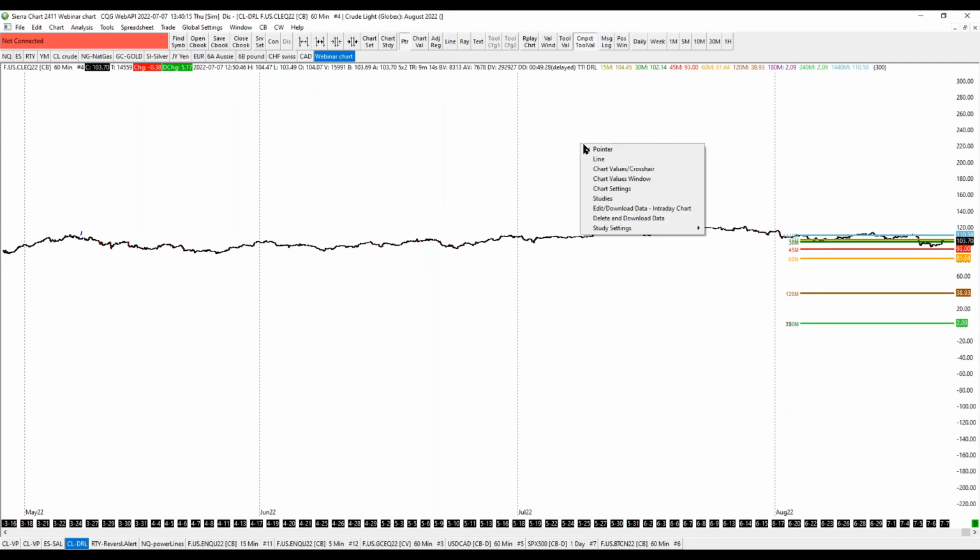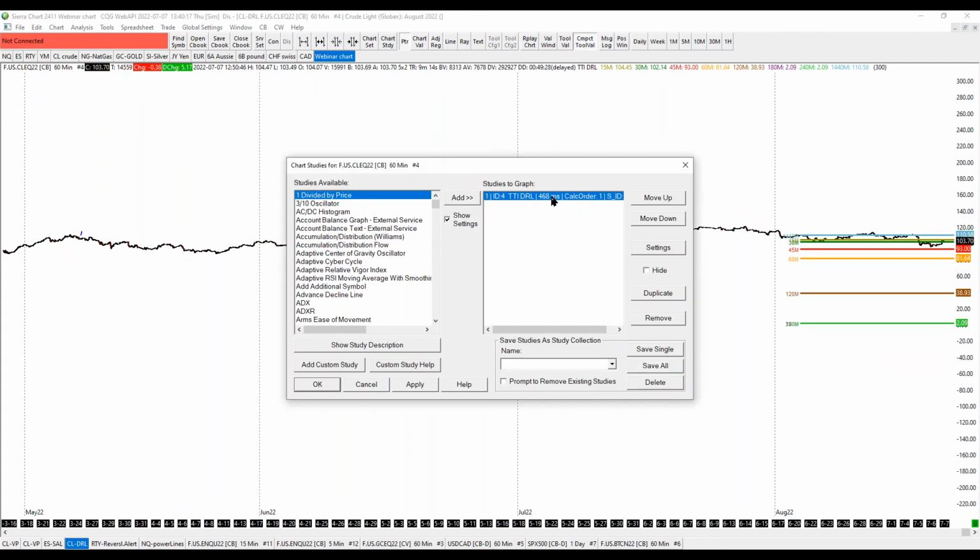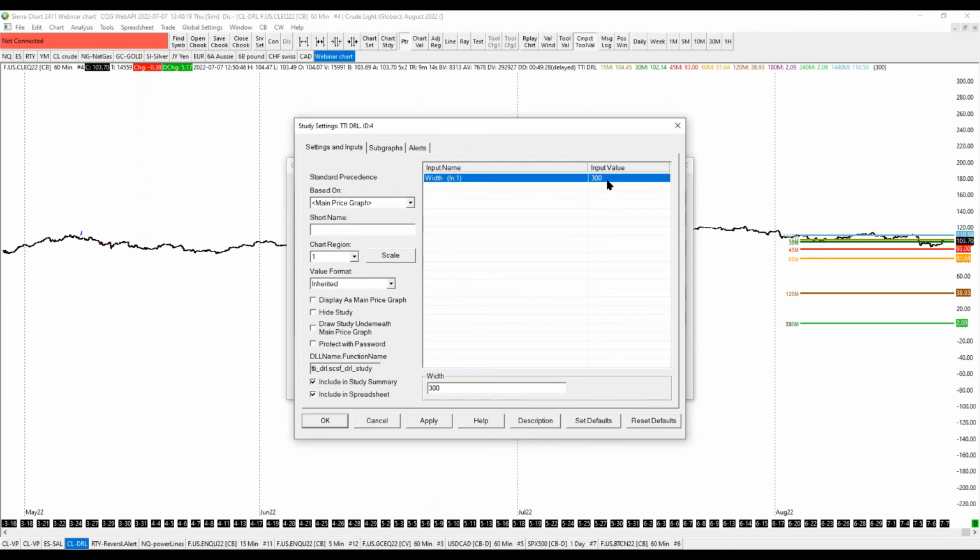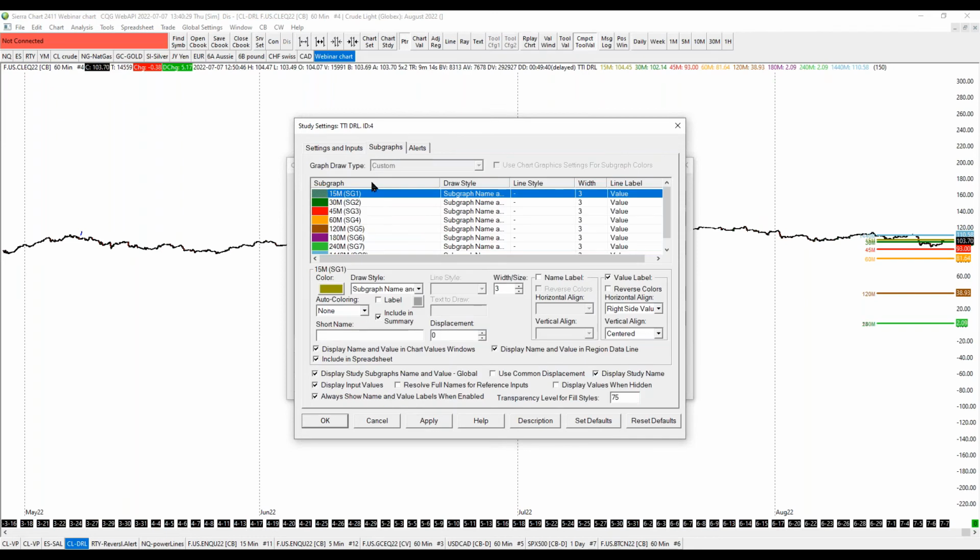So basically you could change the thickness or the length of it. Let's say you want to do 150 length, apply. See how it's gotten smaller? You can change the colors. So 240 minutes is this one here, the green one, and it also has a 30-minute on top of it. So it has two greens on top of each other. One of them is dark green, the other one is light green. You can change the colors too.